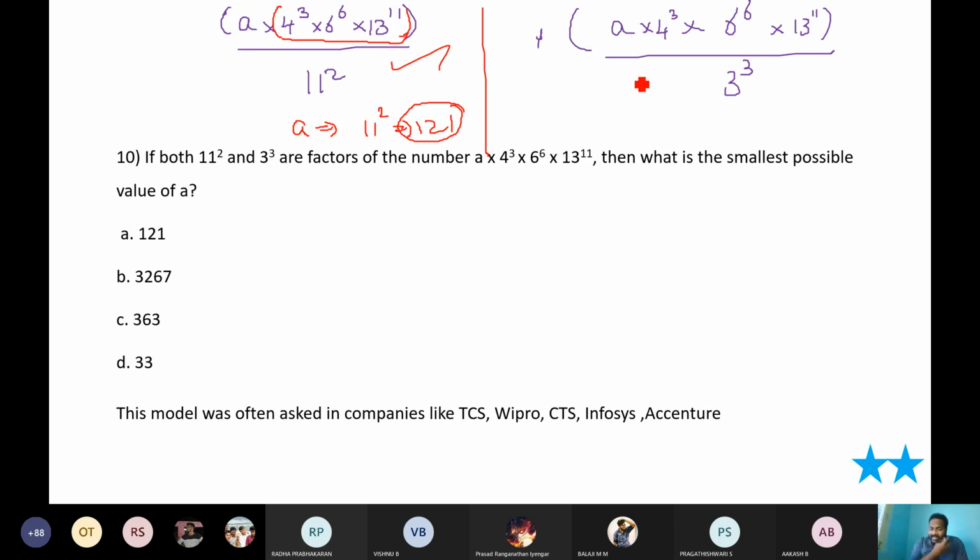And if you look at the second case, if you look at the right side part alone, forget about A. Is this part divisible by 3 cube? Think carefully and tell me, is this part divisible by 3 cube?